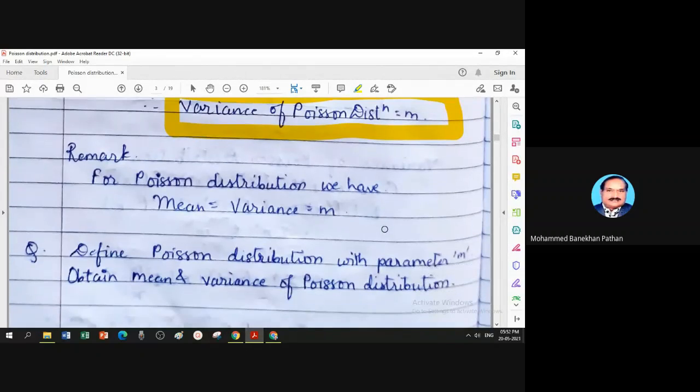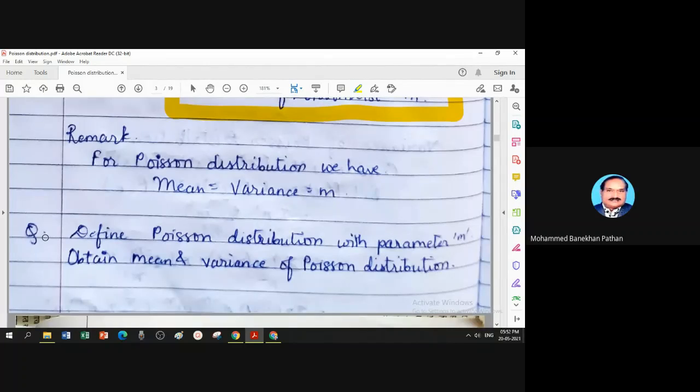For a theoretical exam, we can put a question like this: define Poisson distribution with parameter m, and obtain mean and variance of Poisson distribution. But now you people are going to face a multiple choice question exam, so this question is not necessary to worry about. Such a question would be asked on this topic in an offline examination.